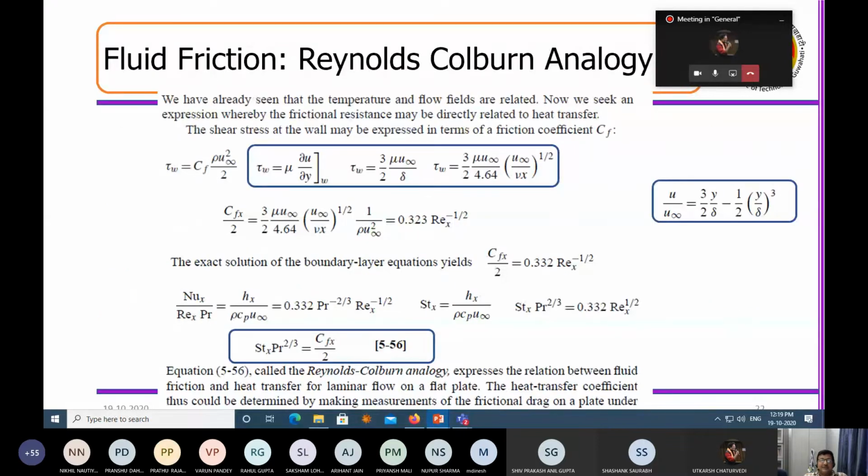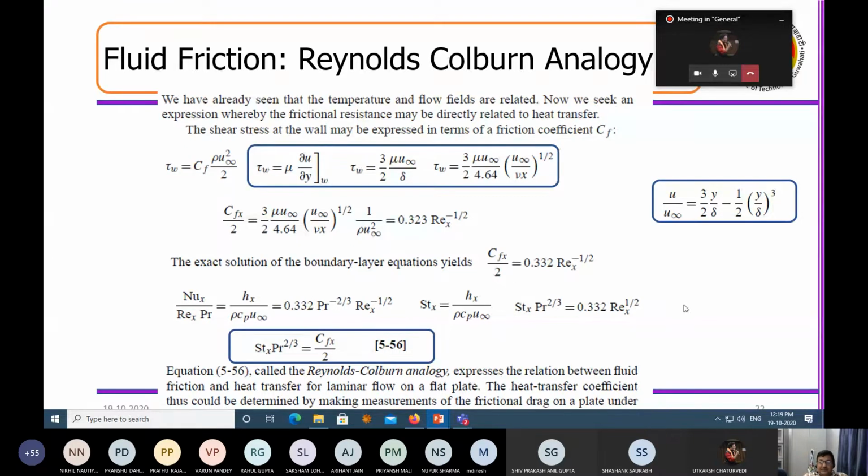Similarly, suppose there is a pipe flow and there is friction. One very important factor for friction is the friction factor. This friction factor will be different for different geometries and different situations. You do not know what that friction factor is.